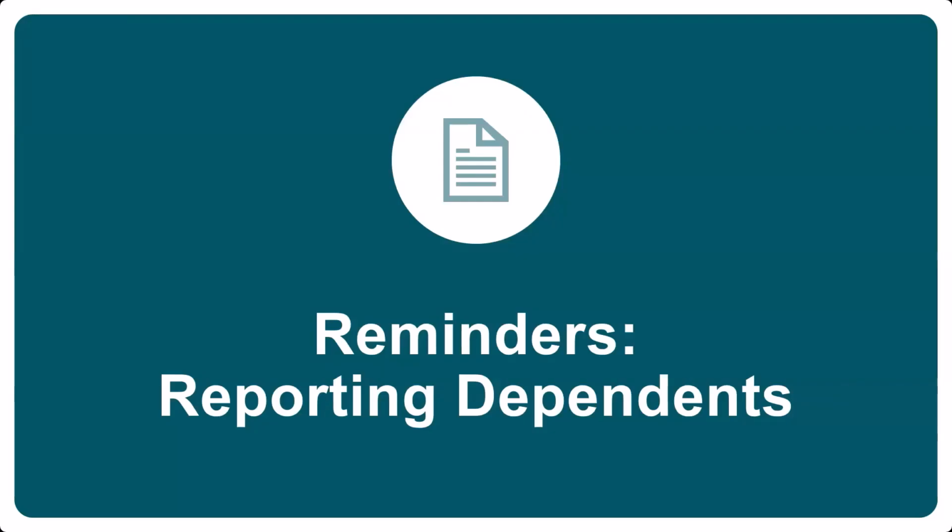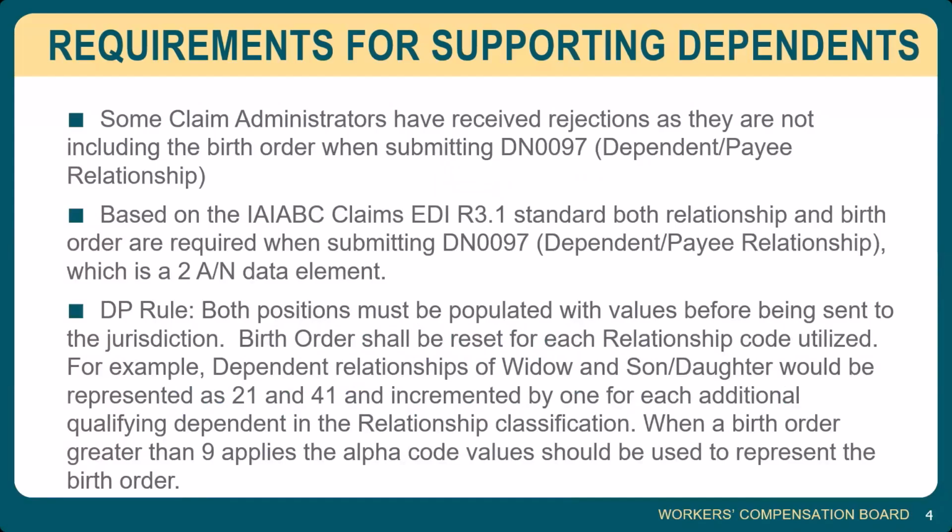So the first reminder we're going to be going over is requirements for supporting dependents. Some of the administrators have received rejections as they have not included the birth order when submitting the dependent payee relationship, which is DN0097. Based on the IAIABC claims standard, both the relationship and birth order are required when you submit that information.